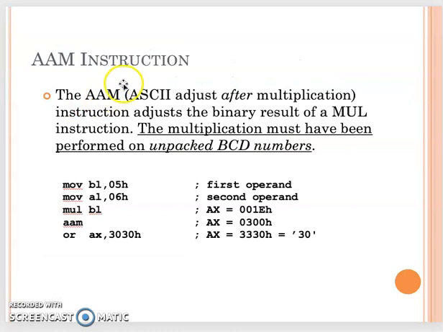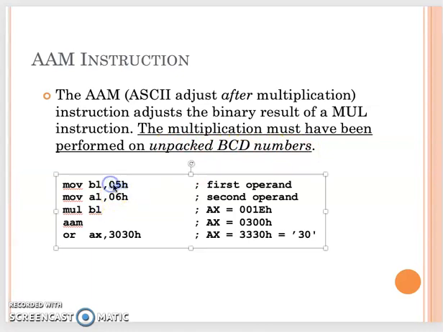The next two are multiplication and division, but they are used a little differently. The multiplication is performed on unpacked BCD numbers, so you need to multiply with BCD. It's not direct with ASCII; if they are ASCII values, you need to clear the higher 4 bits.